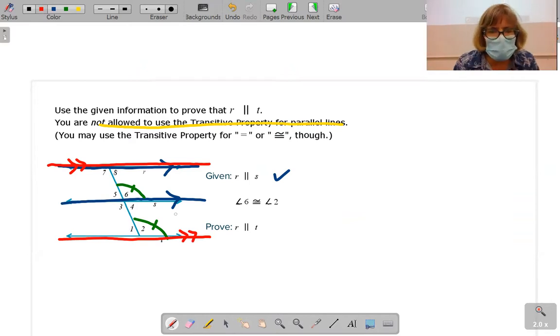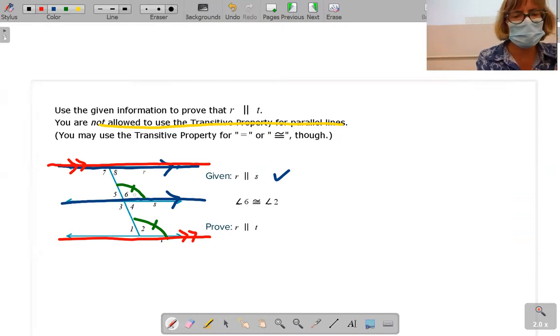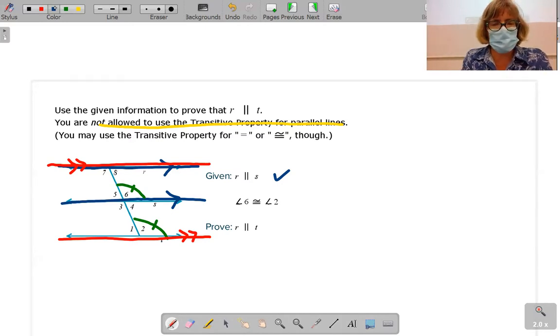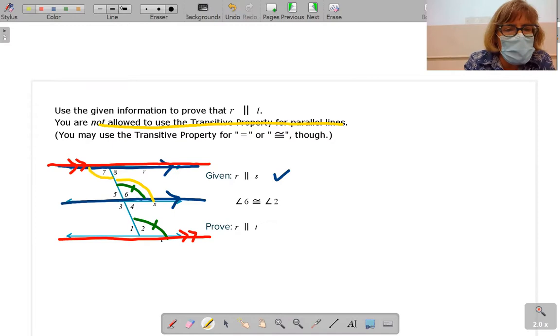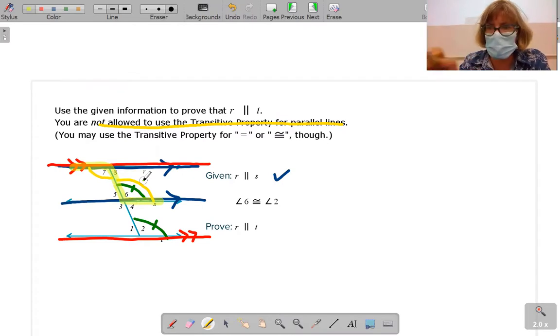Okay, so you just kind of think, somehow we need to get the reds congruent, which means 6 is congruent to 2, and if the blues are parallel, so kind of keep in mind, if the blues are parallel, that means we can get 7 and 6 congruent because of alternate interior angles.